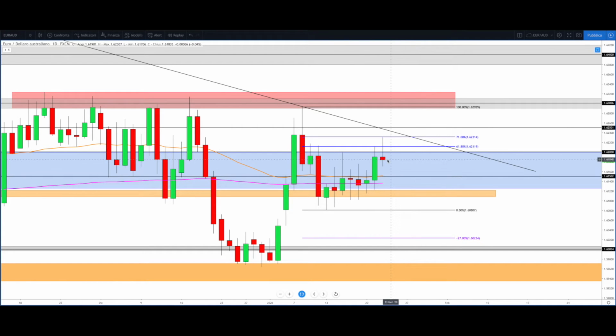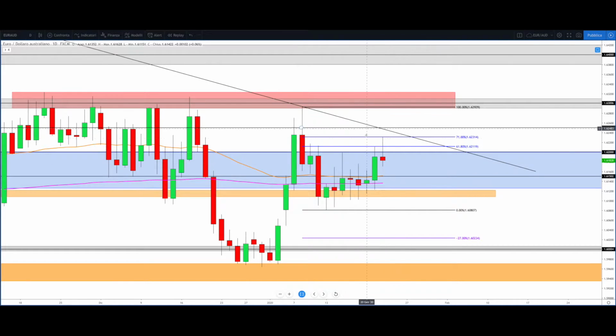And today the price has partially followed this analysis, because we can see that here the price tried to go higher, failed to pass 1.6230, and now the price has formed these big upper shadows.